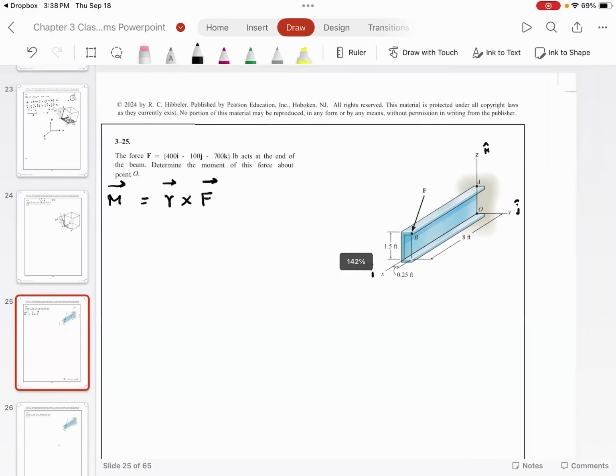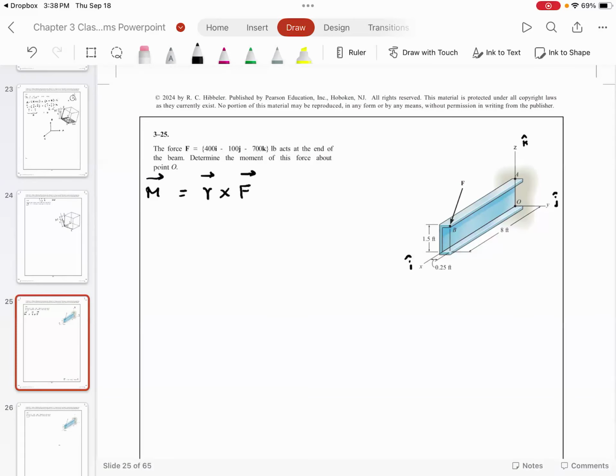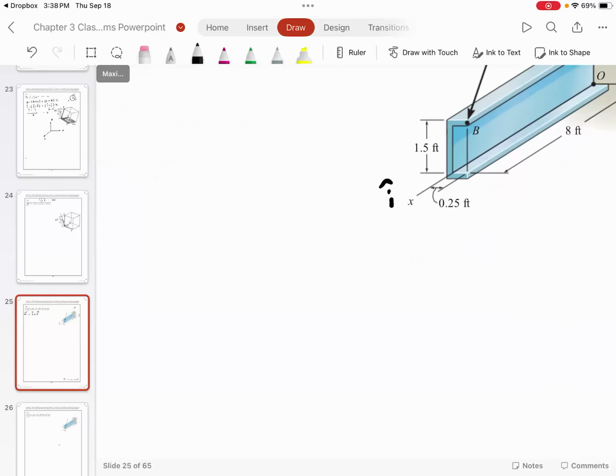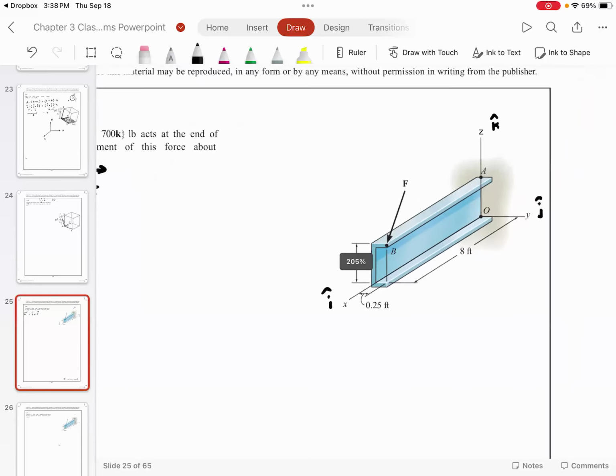Now, please note, they are asking about the end of the beam. So they are asking what is the moment given by this force.